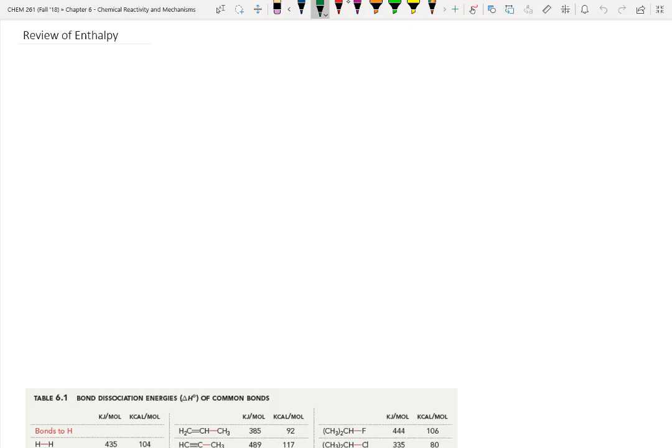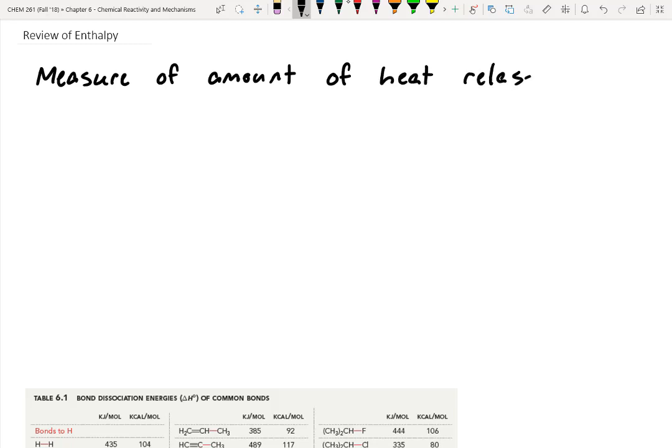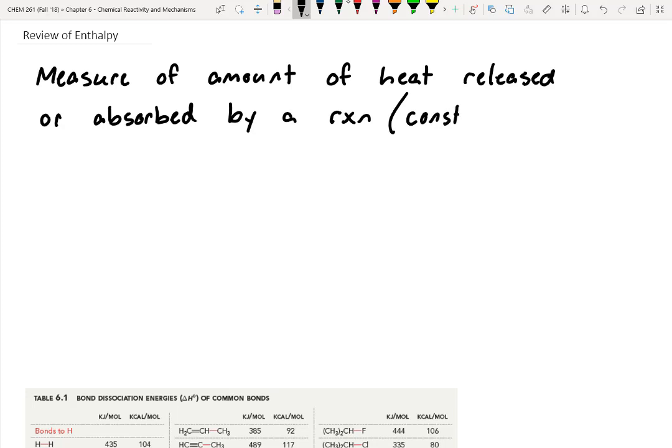It's a measure of the amount of heat released or absorbed by a reaction, assuming that you've got constant pressure and volume.